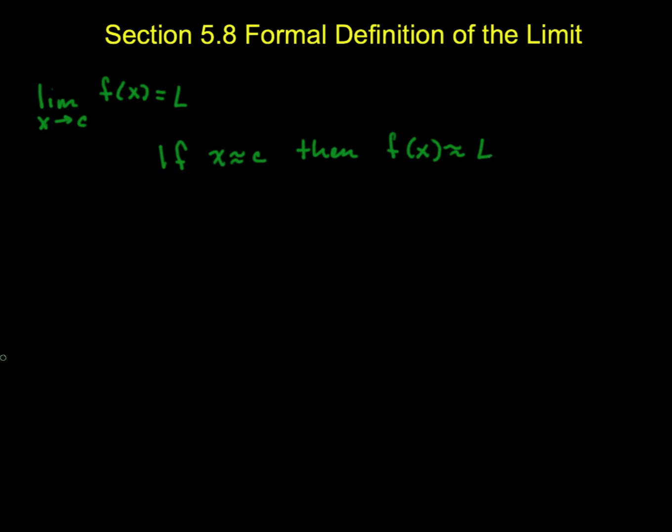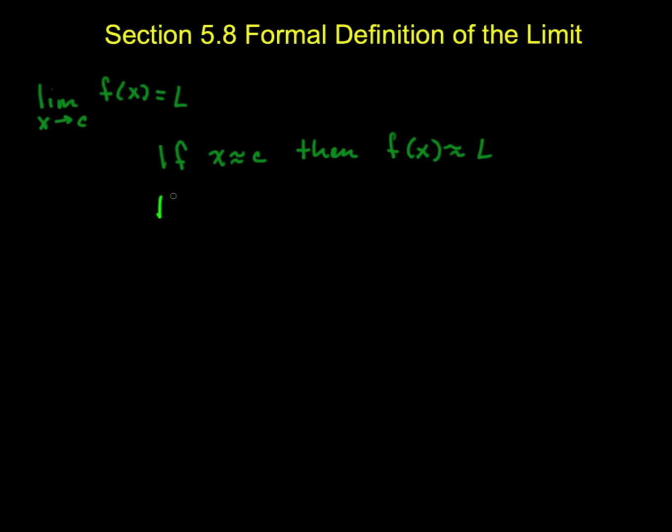Now, let's investigate this idea a little bit further. What does it mean that x is infinitely close to c? Well, it means that x is just equal to c plus some infinitesimal.